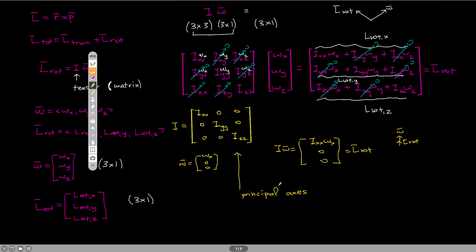Only if you use one of those three principal axes for your angular velocity vector.